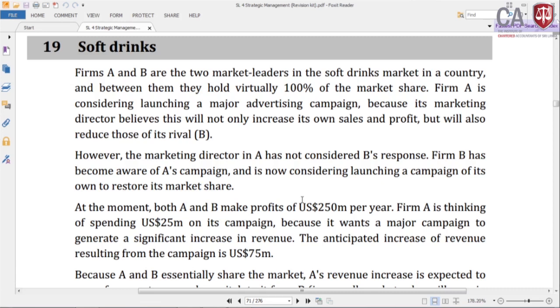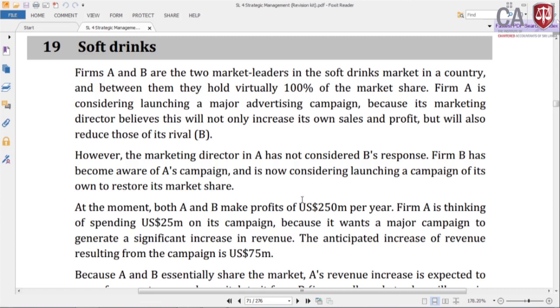Firm A is considering launching a major advertising campaign because its marketing director believes this will not only increase its own sales and profit, but will also reduce those of its rival. So, firm A is thinking to launch an advertising campaign.